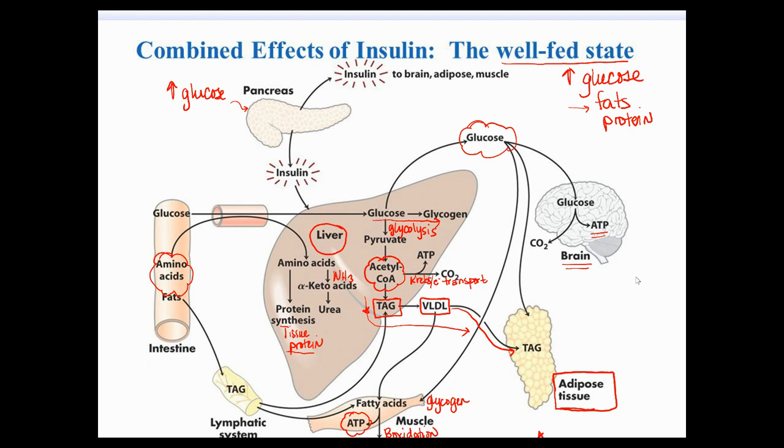The body is meant to operate in this well-fed state, where proteins are used for tissue protein, glucose goes to glycogen, you have glycolysis, and you have some stored fats. It's just that the diets people have now are so heavy on all of them that the arrows really push this way towards fat storage.